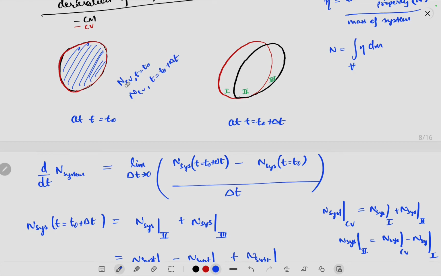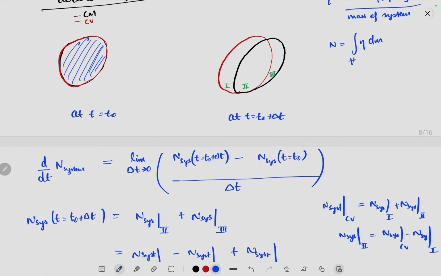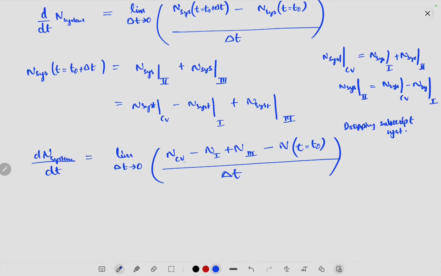So let's write the time values also with these subscripts. N_CV was at t = t0 plus delta t, N1 was at t = t0 plus delta t, N3 was also at t = t0 plus delta t, and N at t = t0 is N_CV at t = t0.